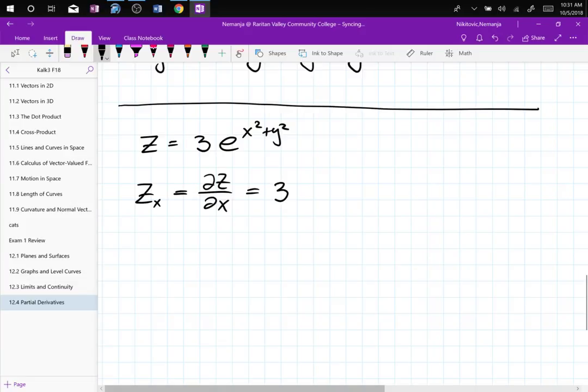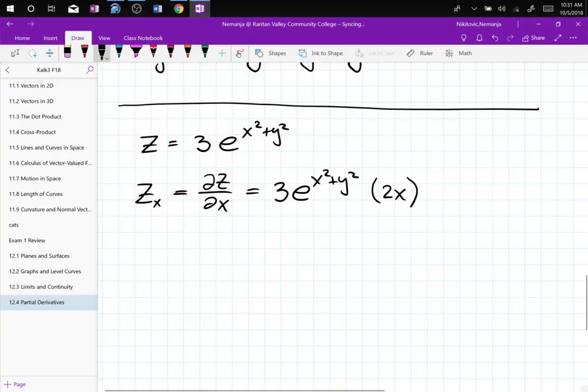So this is going to be 3e to the x squared plus y squared, and then the calculus 1 chain rule kicks in, giving you 2x here. So the whole thing is 6x e to the x squared plus y squared. And that's it.